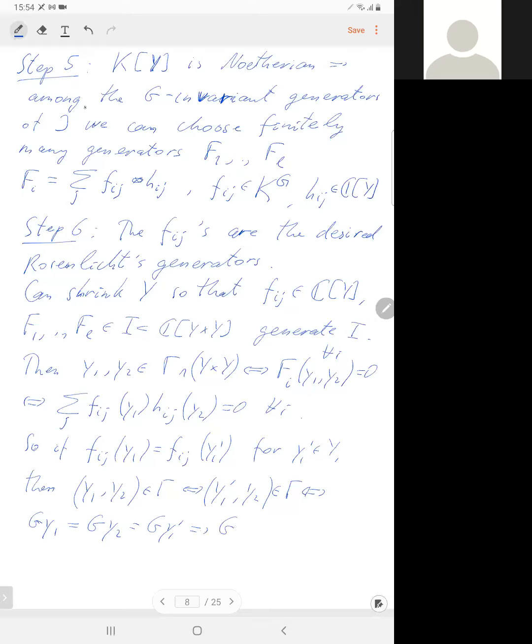In particular, g y_1 equals g y_1 prime. They are in the same orbit. Okay, fine. So we're almost done.